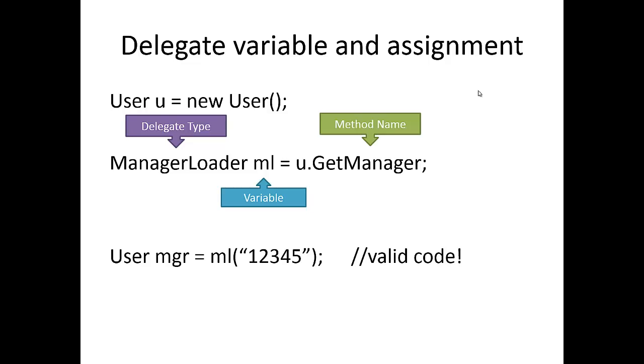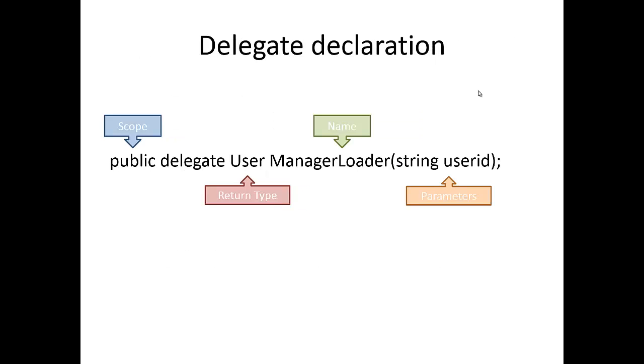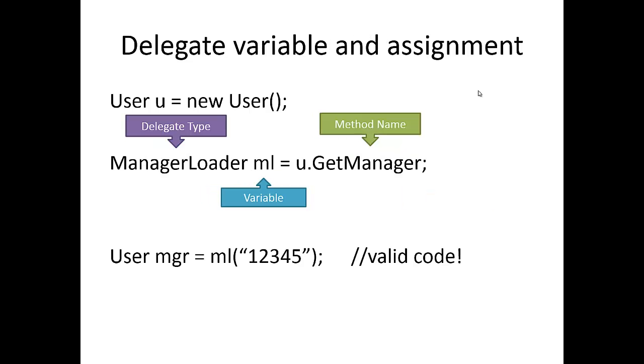And then we have a variable called ML. So we have a ManagerLoader variable, ML, and we're storing in ML the function GetManager. Now, the function GetManager has this exact signature: it returns a User and it takes a string, the user ID. This is an instance method off of the user object.